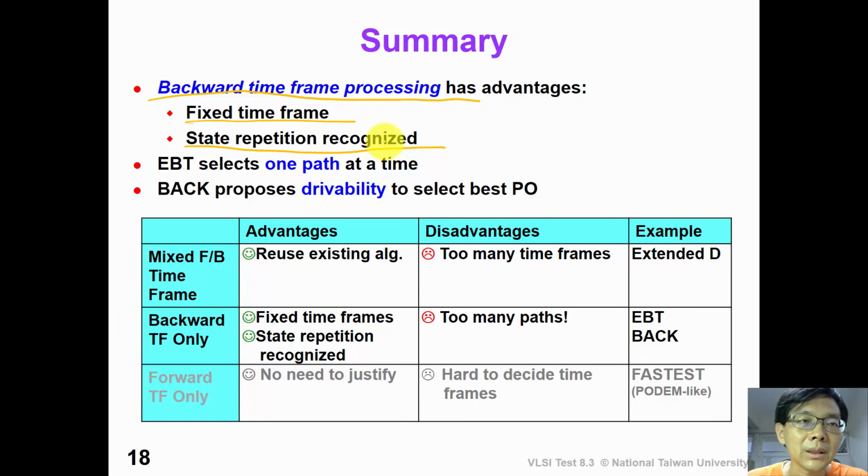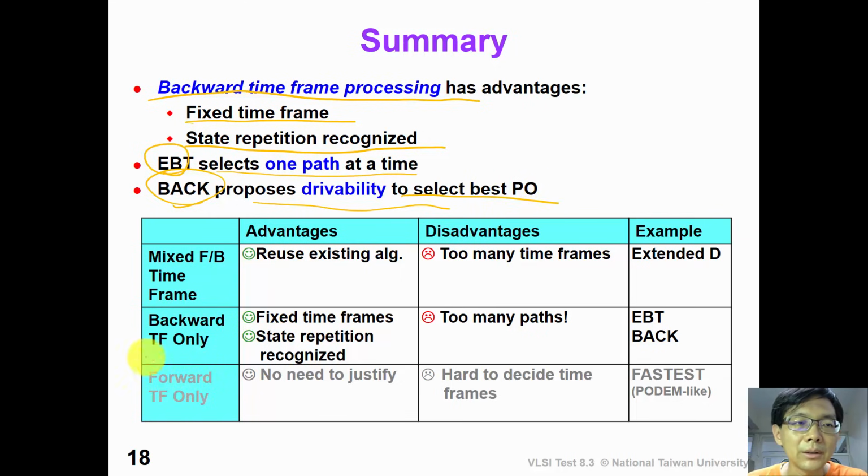It saves us a lot of time. So, in this video, we introduced 2 algorithms in this category. The EBT algorithm selects one path at a time, and the BACK algorithm proposes to use drivability to help us make a good decision and select the best PO.